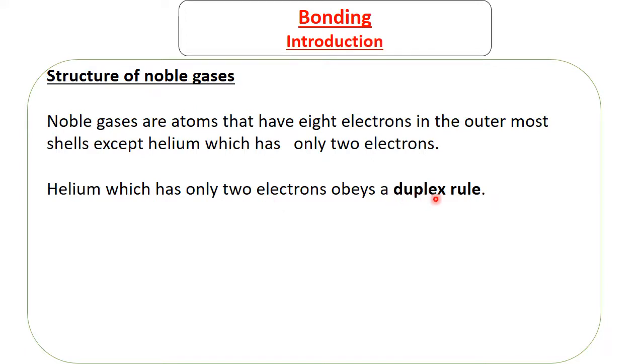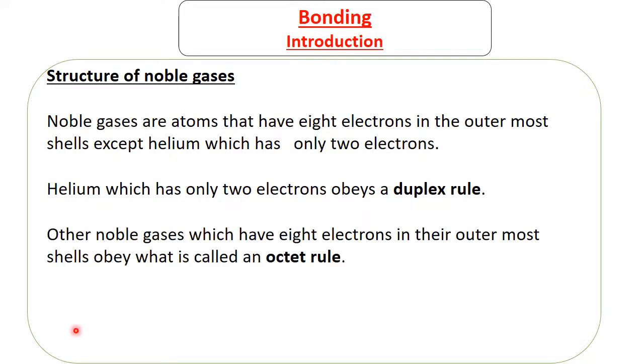So the duplex rule states that an atom is stable if it has a maximum number of 2 electrons in its first shell. Then other noble gases obey what is called the octet rule. So the octet rule states that an atom or element is stable if it has a maximum number of 8 electrons in its outermost shell.